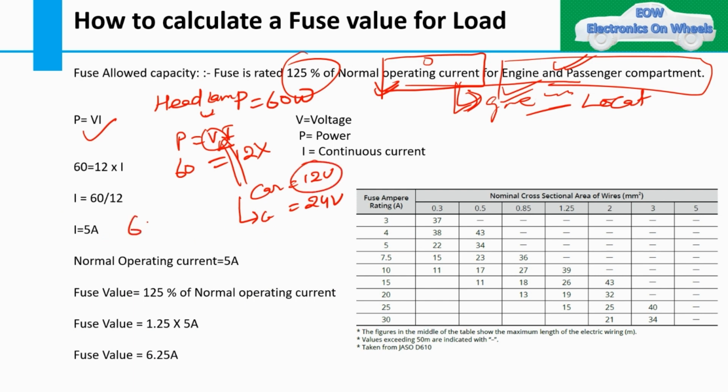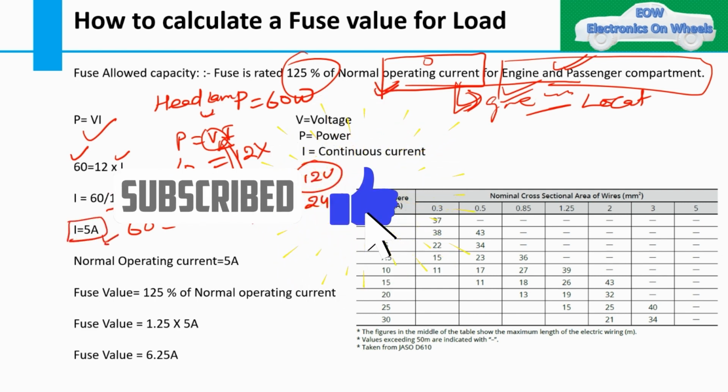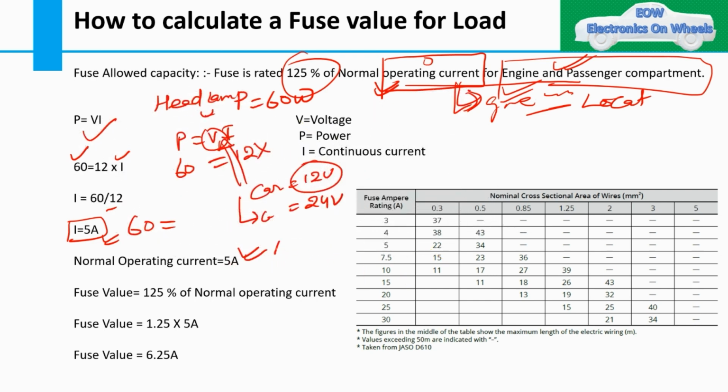So 60 is equal to 12 into I, so I is equal to 60 divided by 12, which is 5 ampere. So this is the normal operating current, 5 amps, for this particular headlamp. Now I already have the fuse allowed capacity: the fuse is rated 125% of normal operating current.